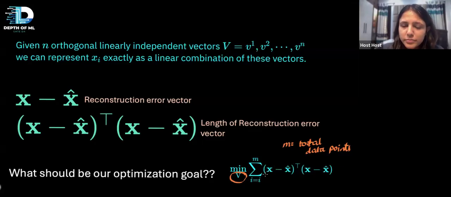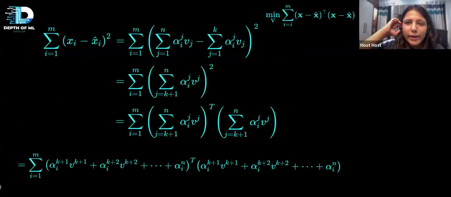Here K is less than N. Now I'll do some maths. If you don't understand that maths, it's also fine. Just know that there is an alternate version of doing PCA as well. I'll try to explain this again, though it is actually very clear. So I'm starting with this.